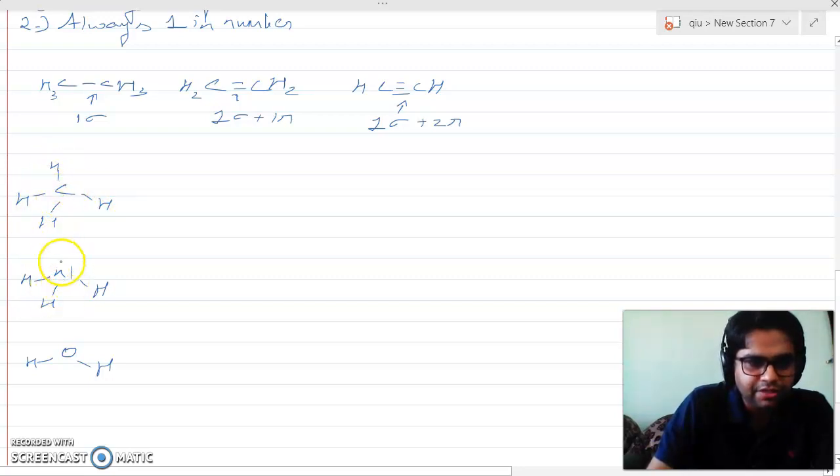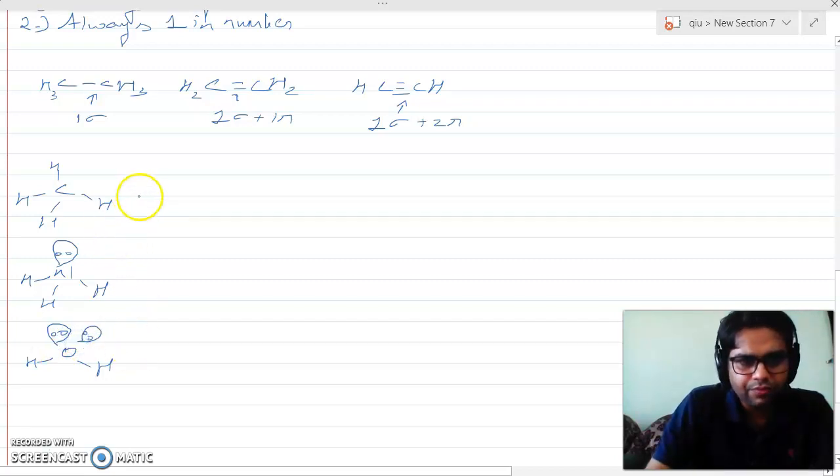Nitrogen has 5 valence electrons, out of which 3 are taken by hydrogen, so 5 minus 3, 2 electrons are left over with nitrogen. For oxygen, there are 6 electrons and 2 are taken by hydrogen, so 6 minus 2, that is 4 electrons are left with oxygen.